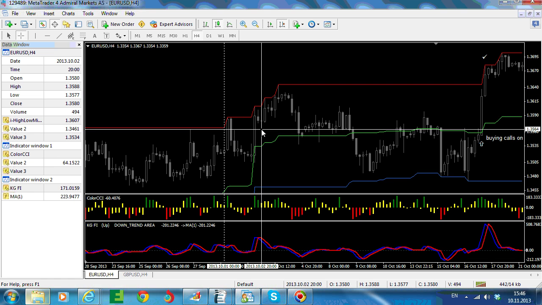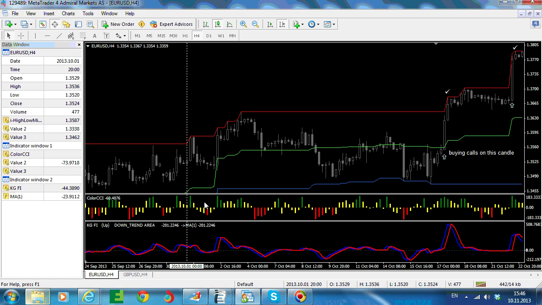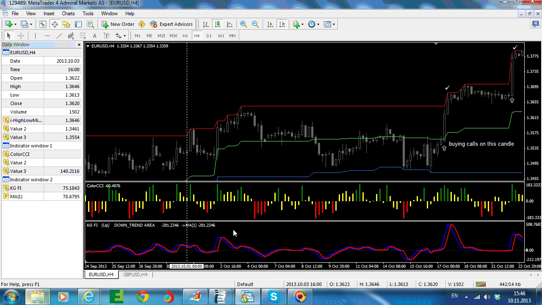We are looking at a candle to be in the upper side of the high-low indicator there, to have a green candle for the color CCI, basically signaling a breakout to the upside, and the KGFI to be above the moving average, the pink line or the red line there, and of course to be above zero. That would be a valid buy call signal.